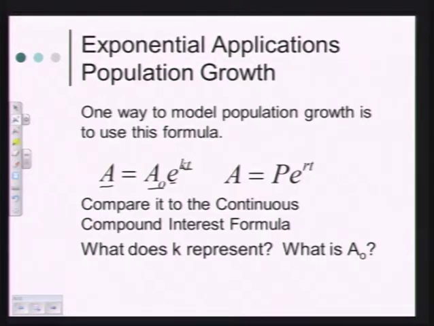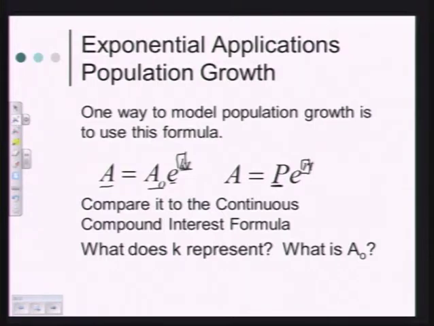And so what does the k represent? Well, if you look at k, it's in the same place that r was in the continuous compounding formula. So k is representing r, which was the interest rate. In this case, it'll be the growth rate. And what about that a sub 0?